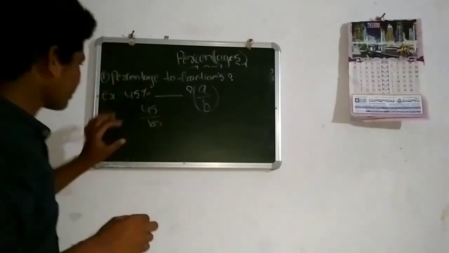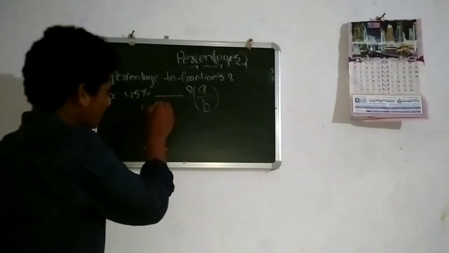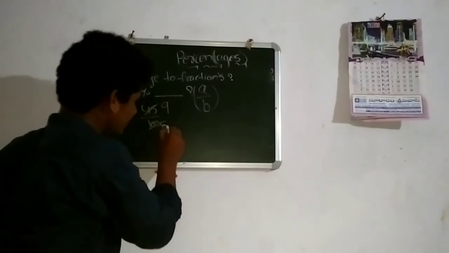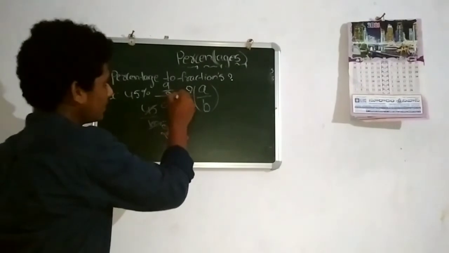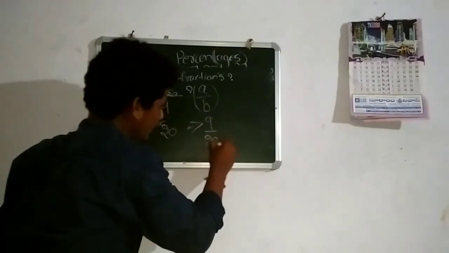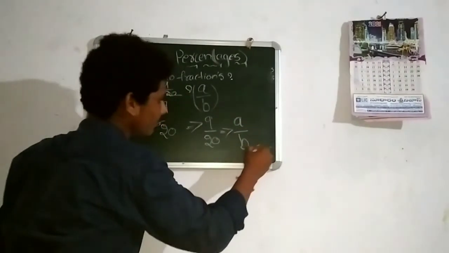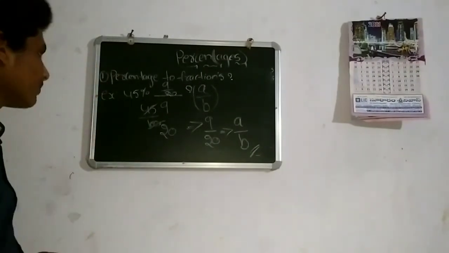Any cut here? 5 nines are 45, 5 twenties are 100. Again 9 by 20. We got here 9 by 20. It is in the form of a by b. Note down here.